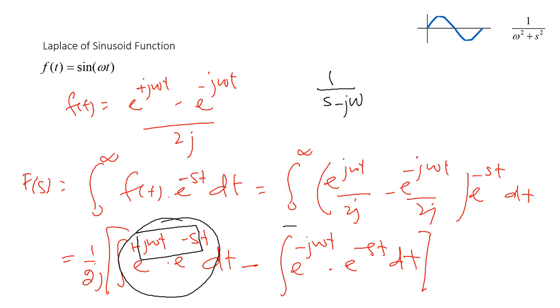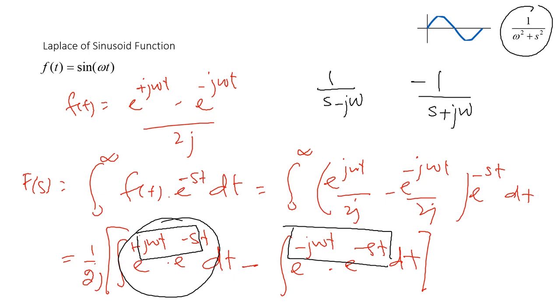Further, if we check this equation, we would have a minus common and 1 over s plus j omega. So we have two situations, s plus j omega and s minus j omega. If we solve this equation, we would get this result, that this j would be cancelled, j square would become minus 1, and this minus sign would be removed due to this phenomenon.